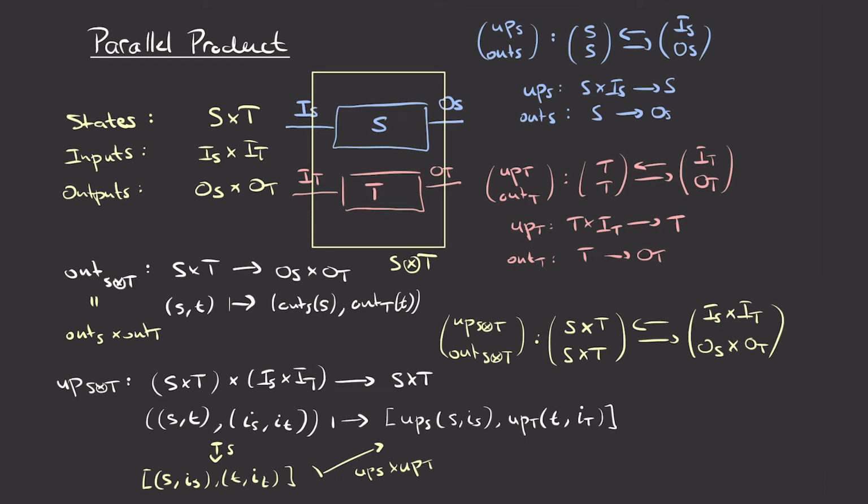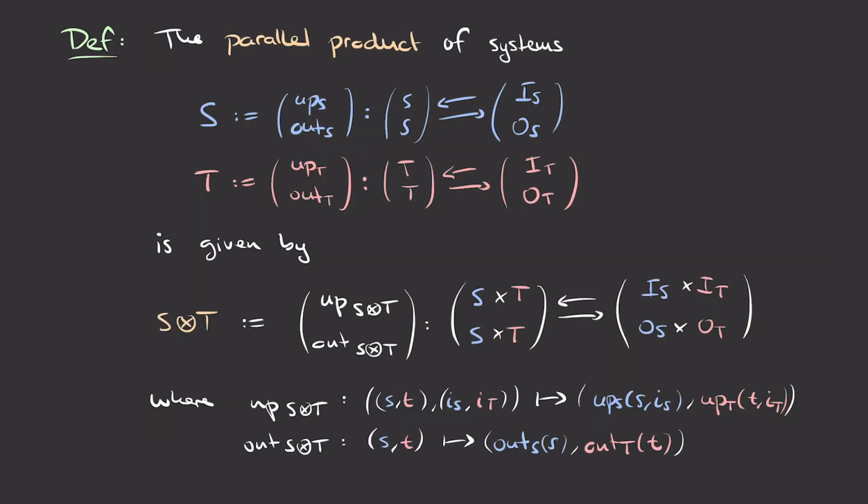Okay, so this basically already tells us what the parallel product of systems is going to be. I'll just recap this formally in the following definition.